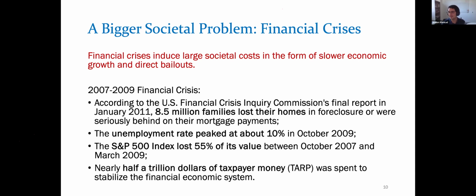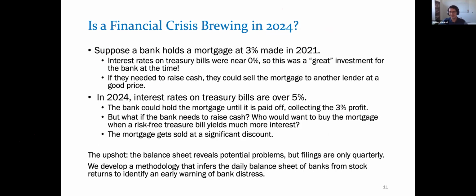So this is obviously suboptimal. We don't want financial crises. And well, of course, this was 2007, 2009. You might start thinking, with the current economic climate coming out of COVID and so on, is there another financial crisis brewing?